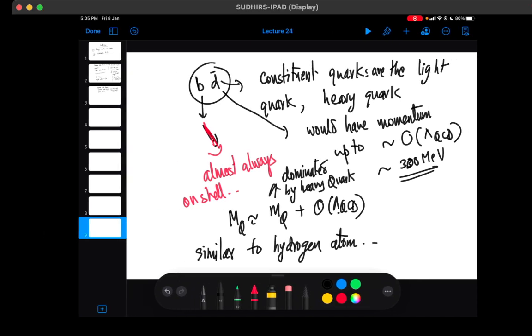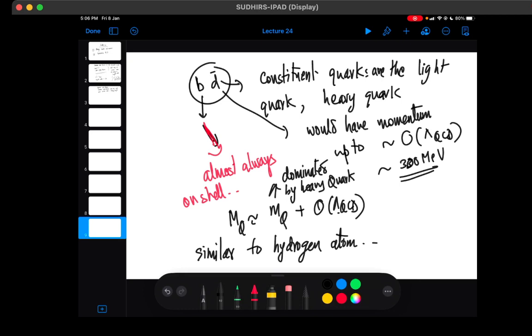It will just remain there. It won't really move much. It's almost like a stable thing, whereas the light quarks can move up to lambda QCD. Typically quarks inside a baryon would have momenta of the order of lambda QCD, right? That's the basic idea. But for the heavy quark, it won't move much.